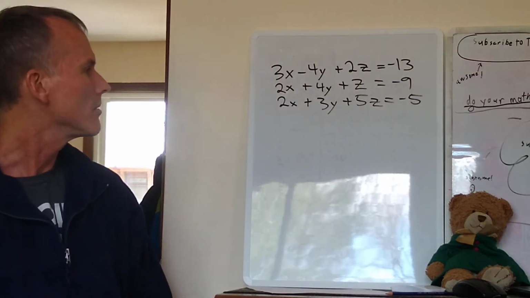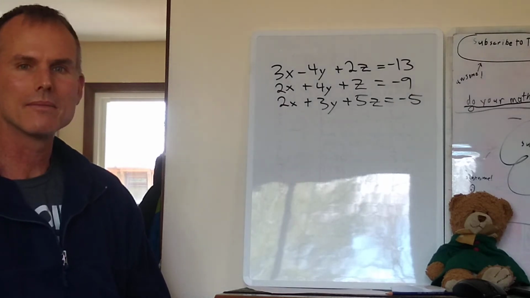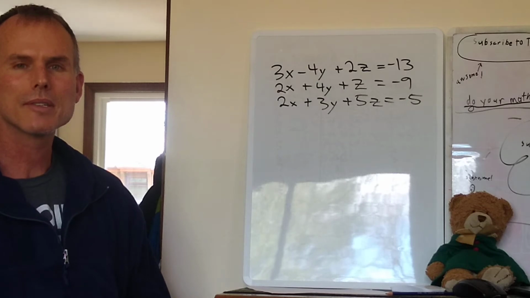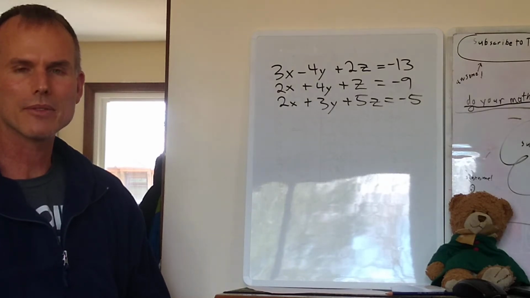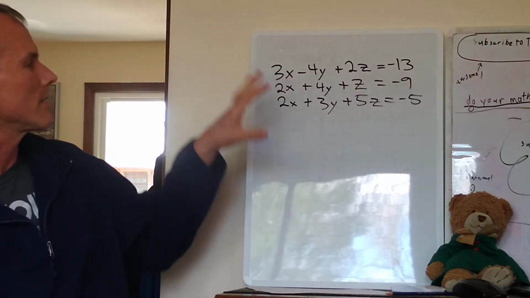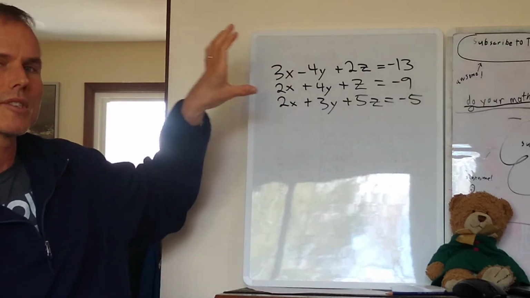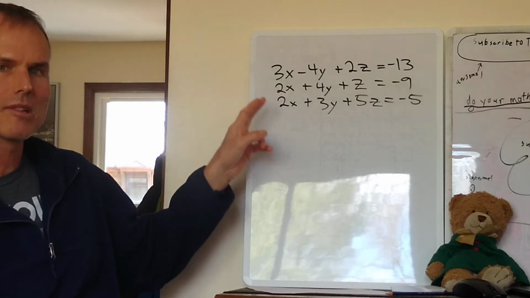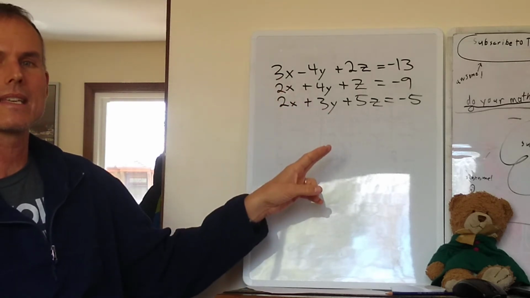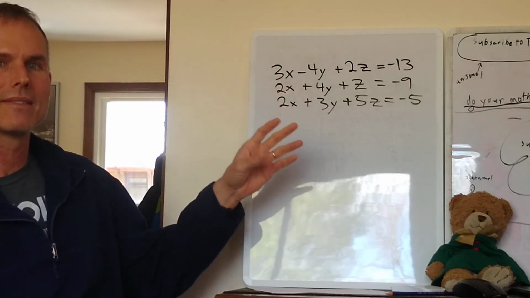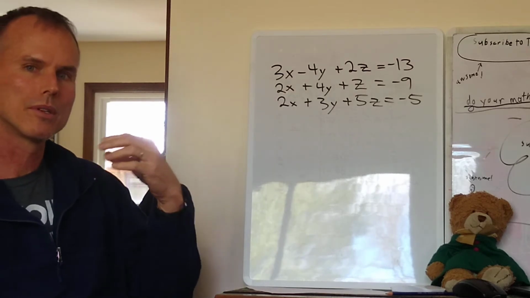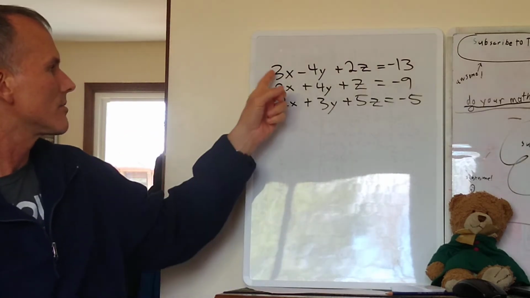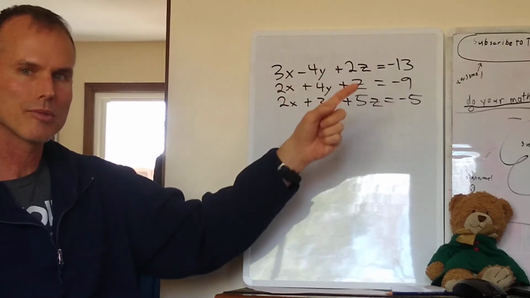It's easy to get going around in circles when you do this. So I think if you just follow this procedure, because remember our goal here is to find the solution to this system. We have to know a value of x, y, and z, such that if I substitute that ordered triple into the first equation, I get a true statement.